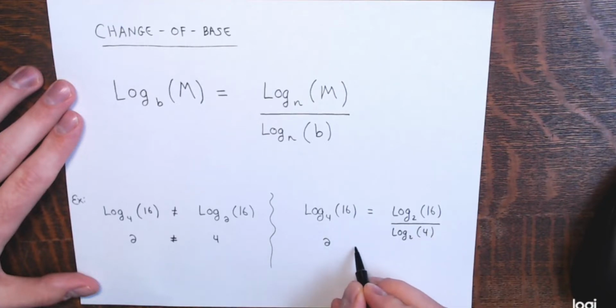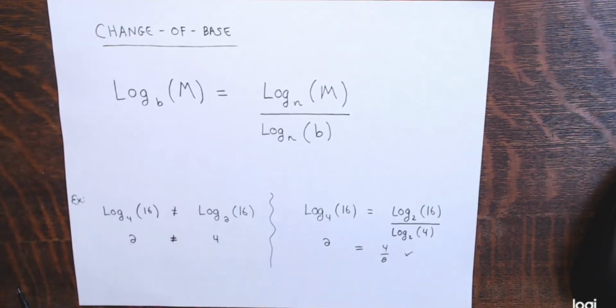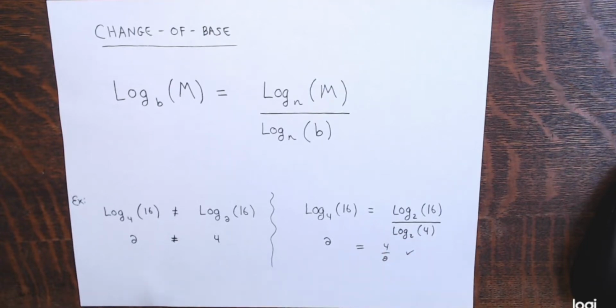So divided by the log base 2 of 4. Log base 2 of 16 is 4. Log base 2 of 4 is 2. 4 divided by 2 equals 2. That works. That's true. So you can't just change the base to whatever you want. If you change the base to another base, you then have to divide by the log of the original base. That's the change of base formula.